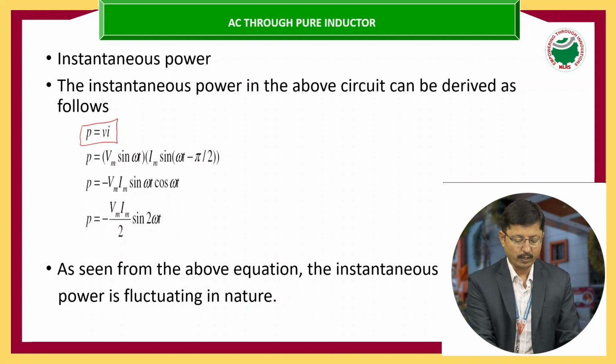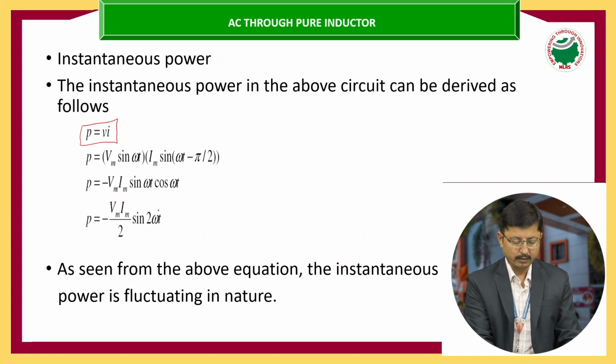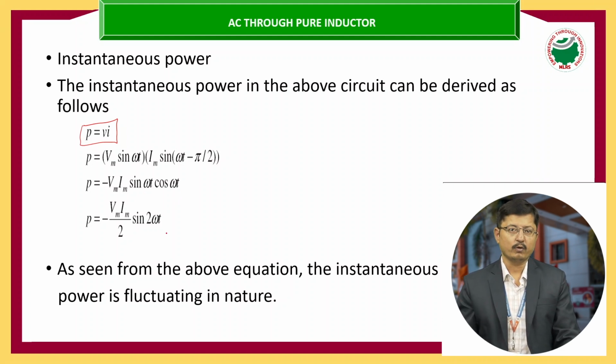If you do the product here, you will get p equals minus Vm Im sin omega t into cos omega t. If you multiply and divide by 2, you get p equals minus Vm Im by 2 into sin 2 omega t.